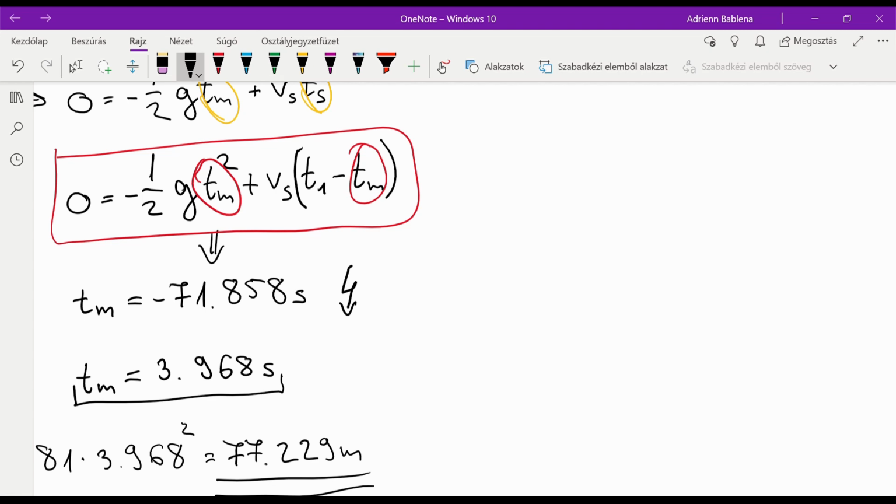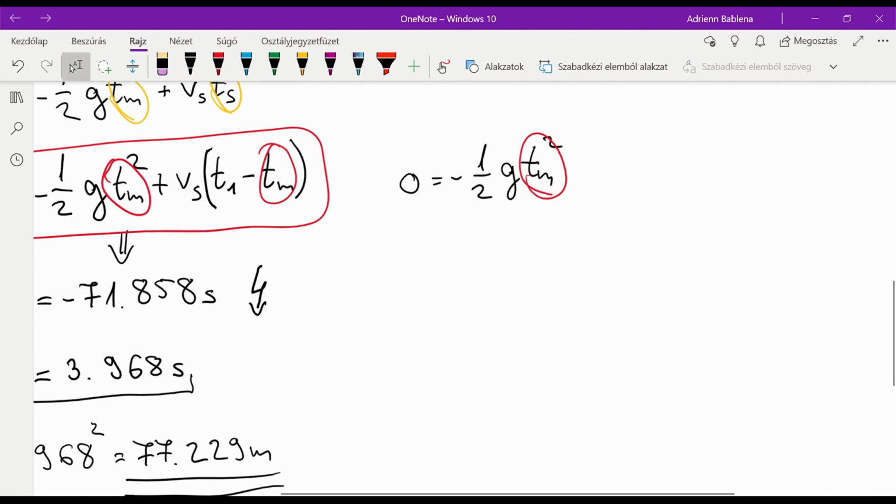You can order this equation. So it's 0 equals to minus 1 over 2 g Tm squared. So we have a quadratic parameter plus Vs times T1.